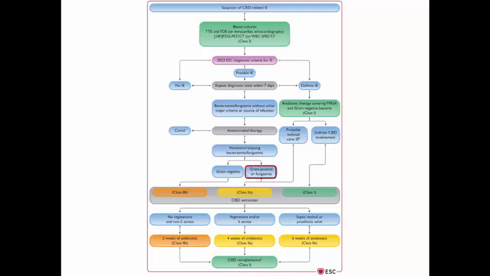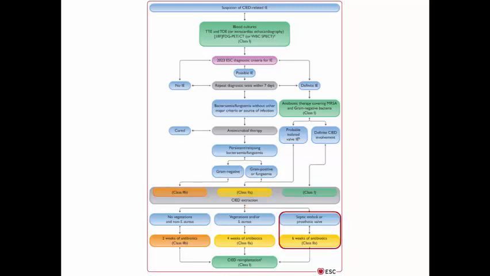If there is evidence of gram-positive bacteremia or fungemia, there is a high probability of device infection, so there is class 2A for device extraction. If it is just a gram-negative bacteremia, there is less probability of device infection, so it is class 2B evidence for device extraction.